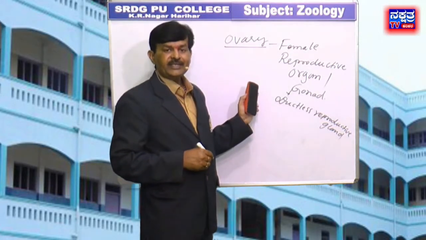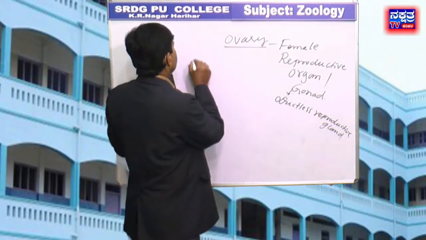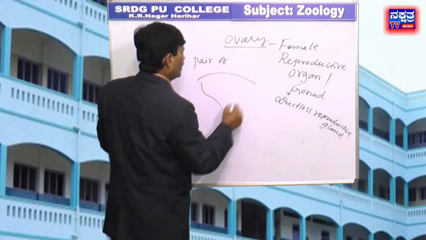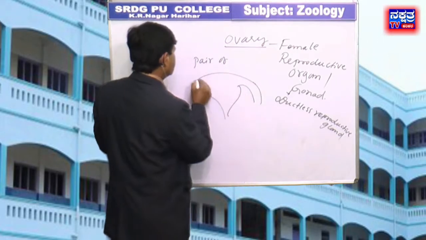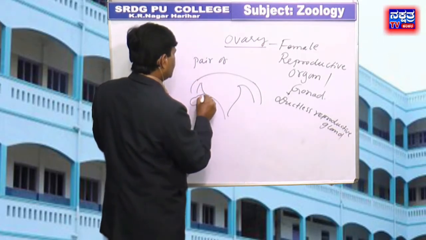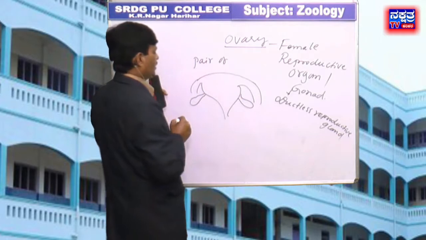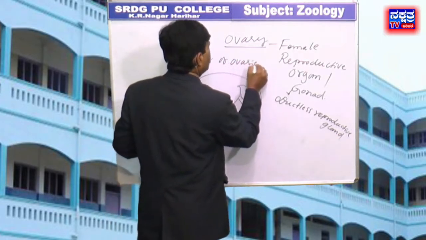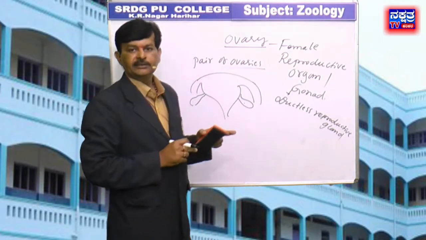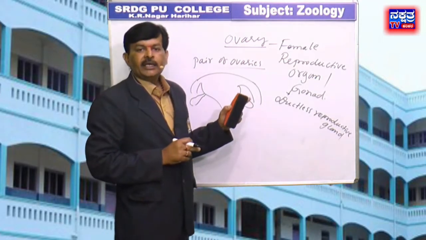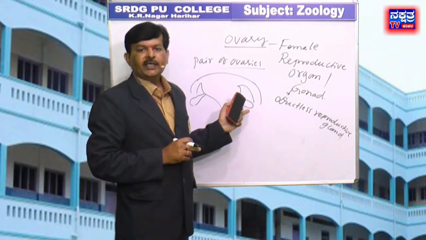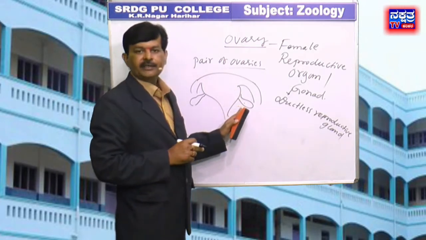The females have a pair of ovaries, in the female reproductive system, on either side of the uterus. A pair of ovaries are located, and they are held by a membrane beside the uterus on either side of the lower abdomen.